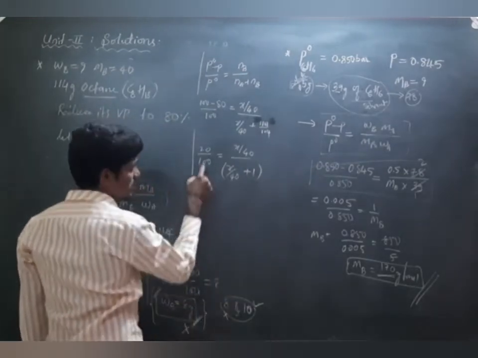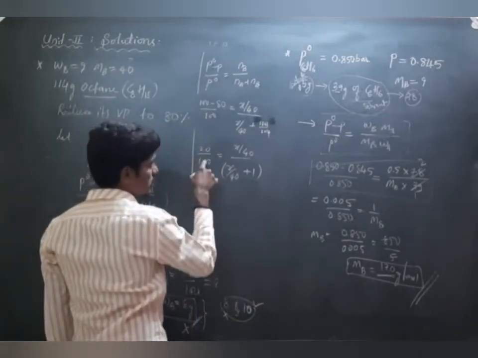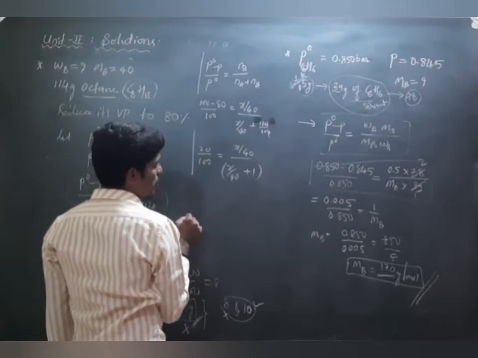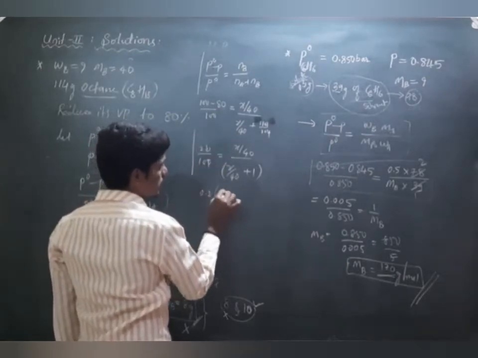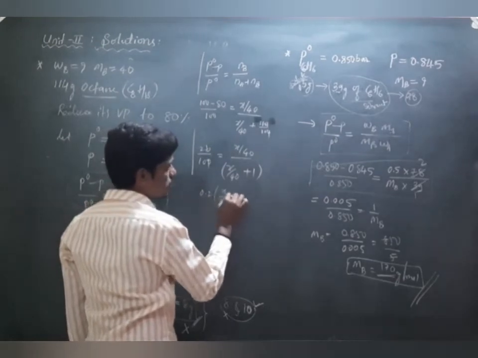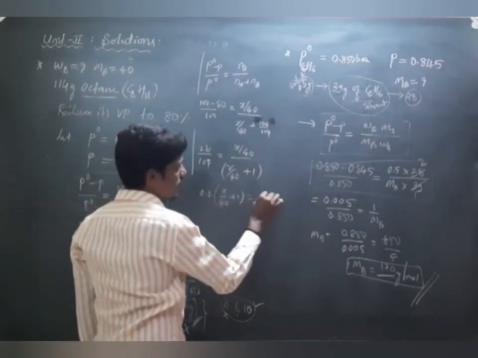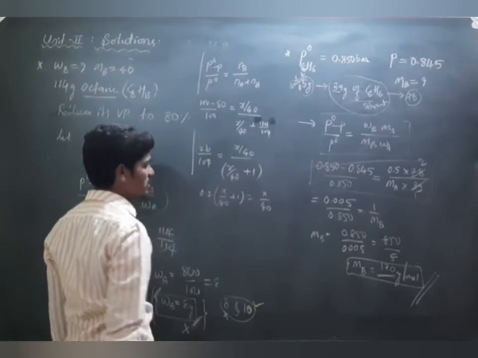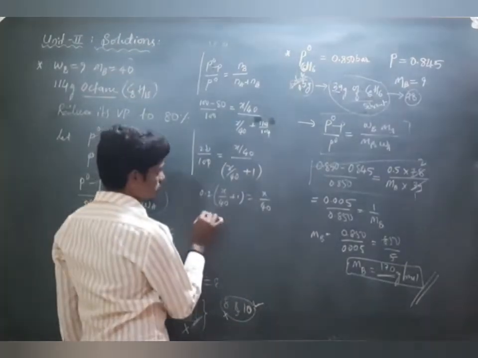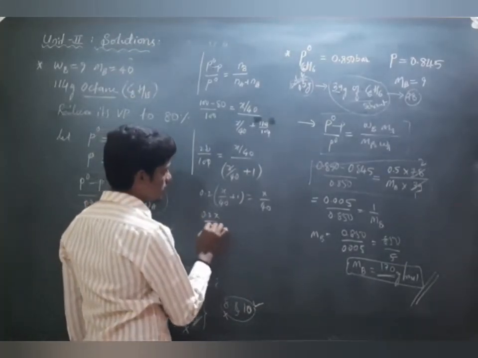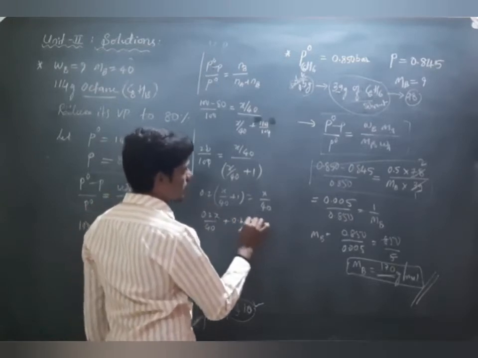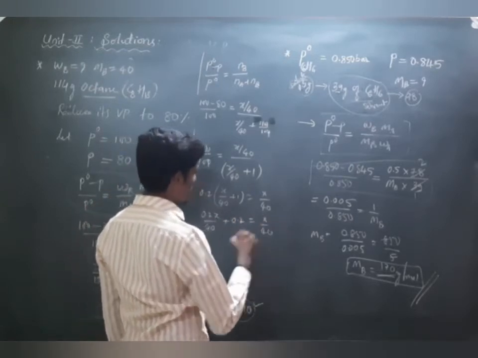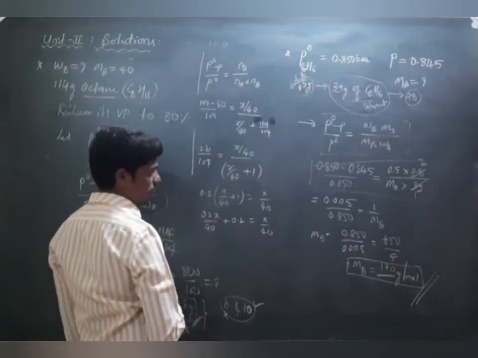Now we can simplify this. So 20 by 100 is 0.2. 0.2 into X by 40 plus 1 is equal to X by 40. Simplify this and you will get the answer. 0.2 X by 40 plus 0.2 is equal to X by 40.